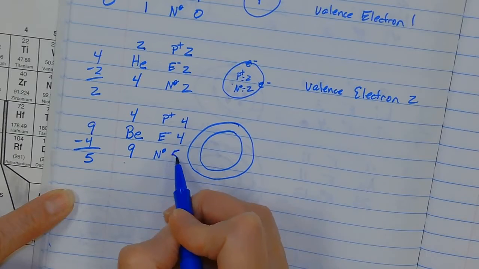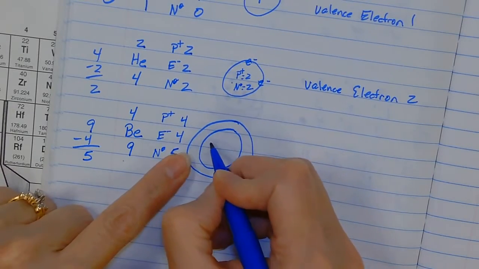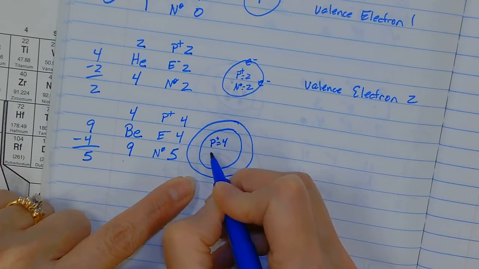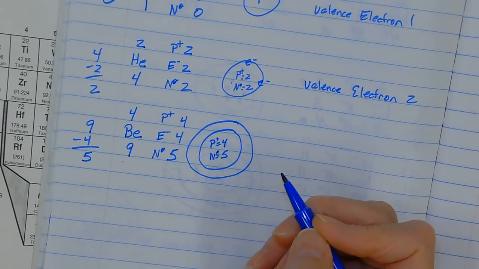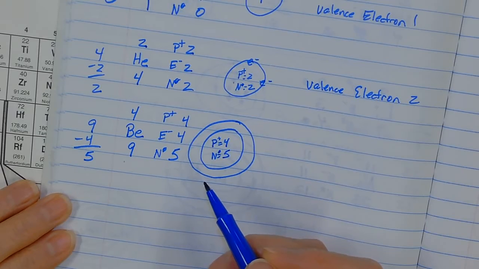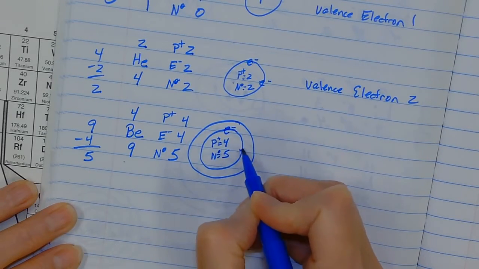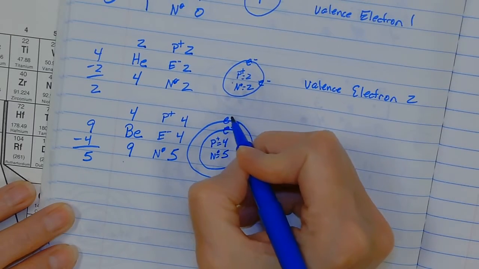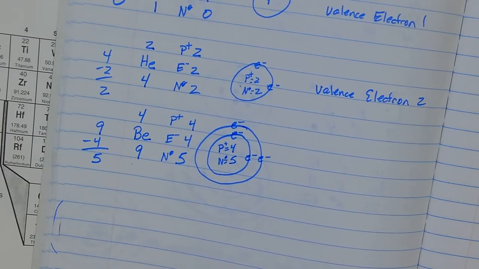So we have 5 neutrons. So in the center, we have protons equal to 4, neutrons equal to 5, okay? We have 4 electrons that we have to put out. We know that only 2 can fit on that first energy level, and that leaves us 2 more to place. 1, 2. So there's beryllium.